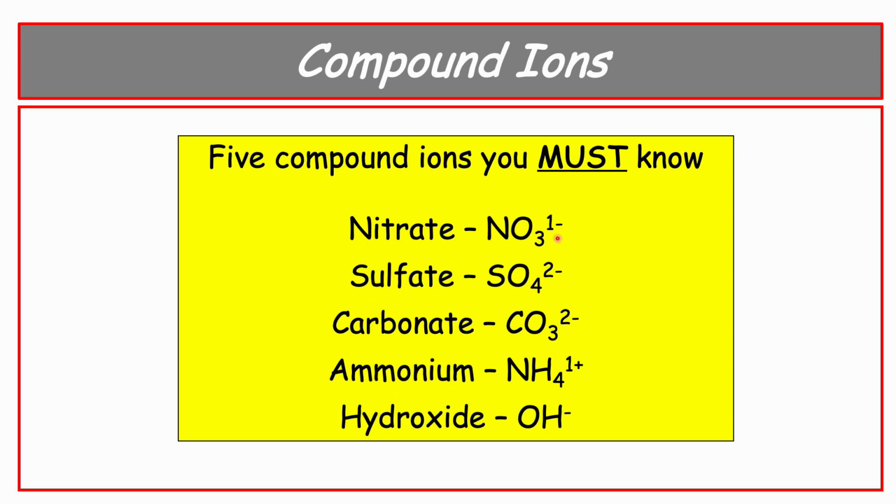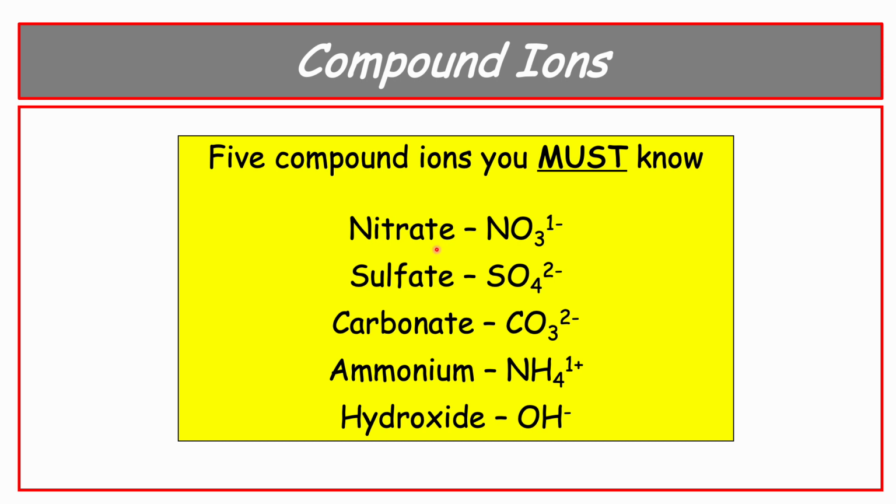because in the exam you might be asked to write a balanced equation for the reaction between calcium carbonate and hydrochloric acid. If you don't know the formula for the carbonate ion, it means you'll struggle to build the formula of calcium carbonate and therefore balance the equation. So you must learn all 5 of the following compound ions.